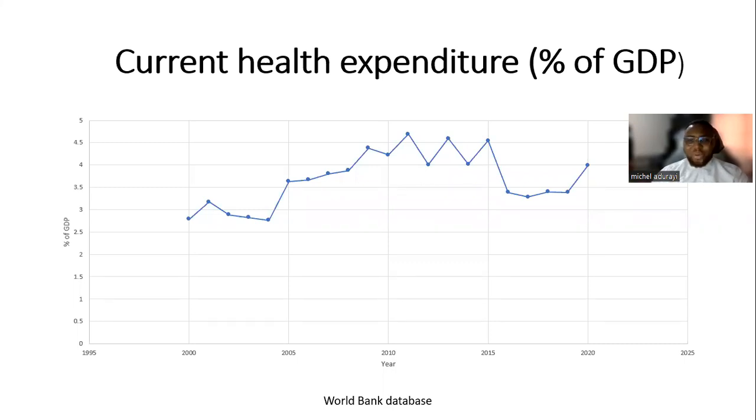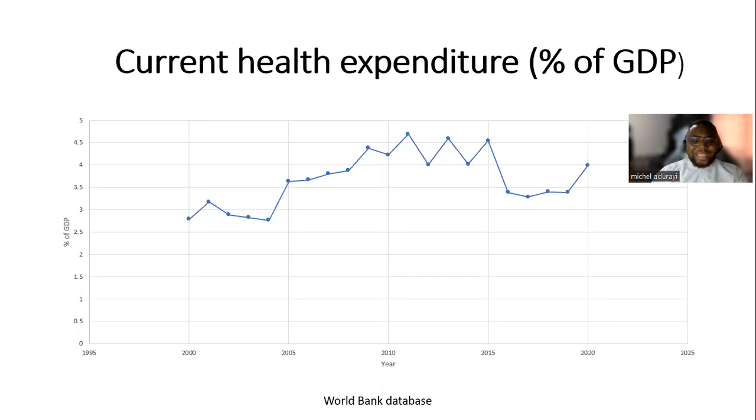One critical piece of data that supports what we say is the amount of money dedicated to health expenditure as a country. It's quite surprising that from 2000 to 2020, the maximum amount given for current health expenditure is a little less than 5%, which is quite appalling for a big nation like Ghana.